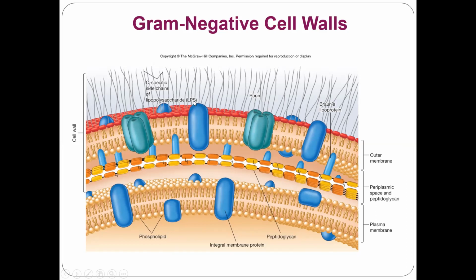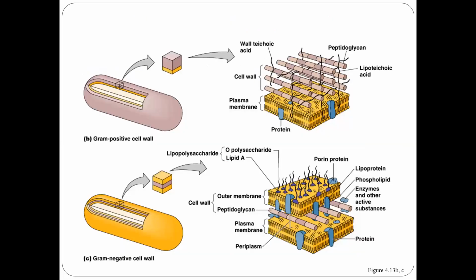This is why gram-negative bacteria have some toxic function. For example, E. coli and Salmonella will have toxin because of the LPS. Now, LPS is generated by lipids and polysaccharides, so it has two components, the O polysaccharide and the lipid head.